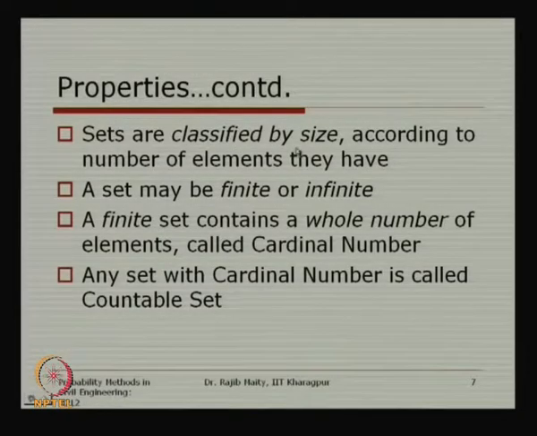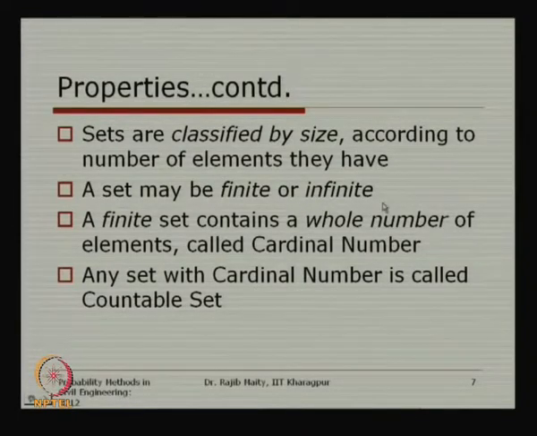Generally, sets are classified by their size, according to the number of elements they have. A set may be finite or infinite. A finite set consists of a whole number of elements, which is known as the cardinal number. Any set with a cardinal number is called a countable set.